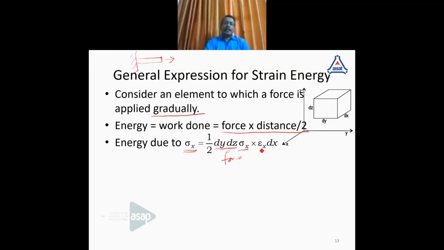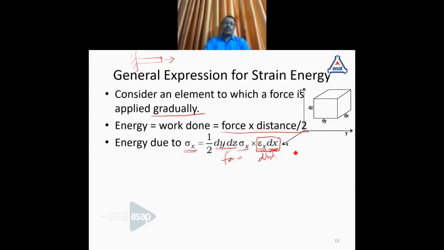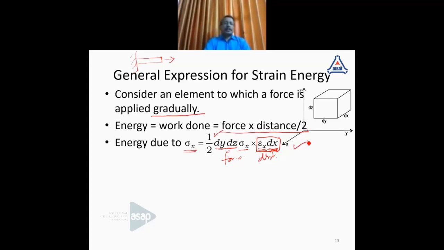Distance is the strain produced in the x direction into the length along the x direction, dx, and together these give the displacement along the x direction. So force into displacement multiplied by half is the energy when a force is applied gradually.